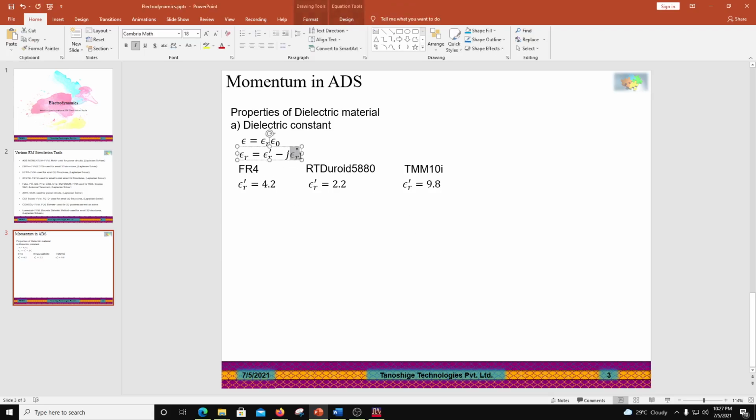While the imaginary part can be expressed as loss tangent. Let me write the formula for loss tangent.